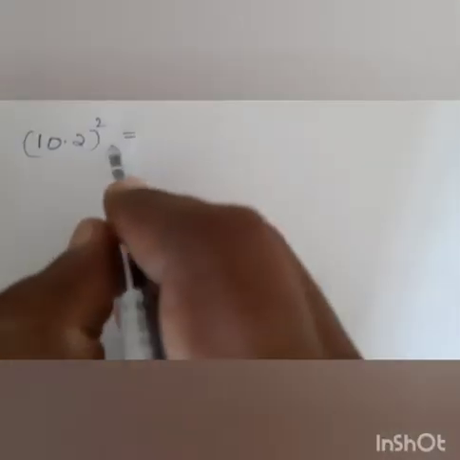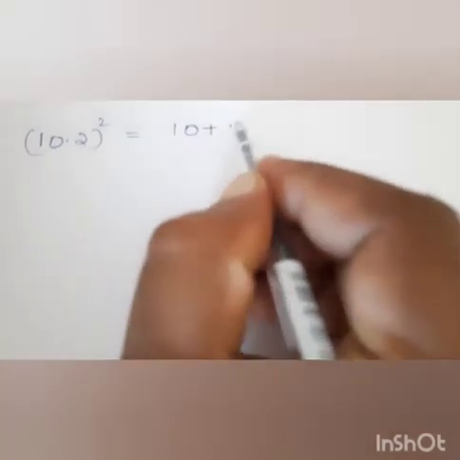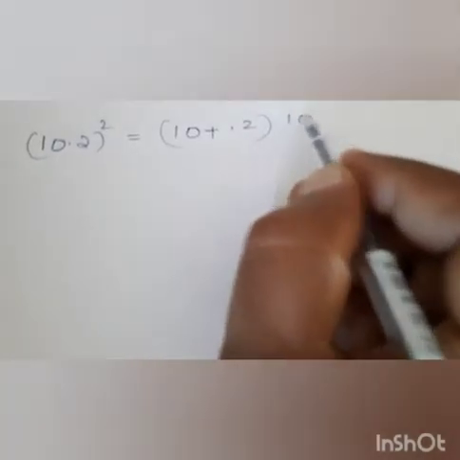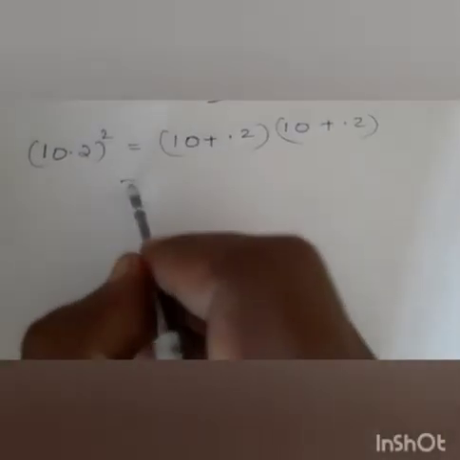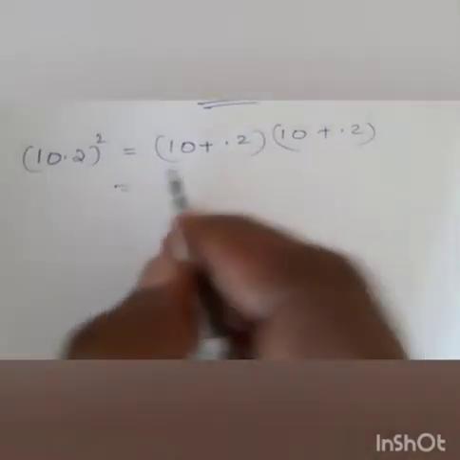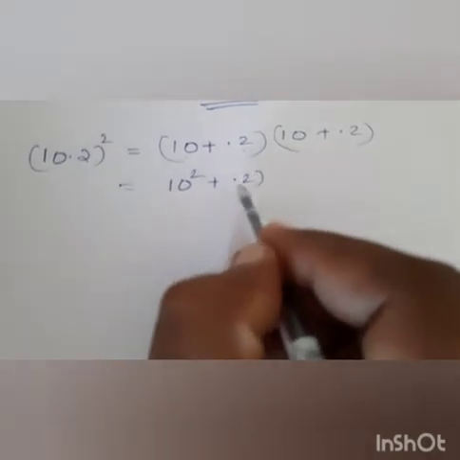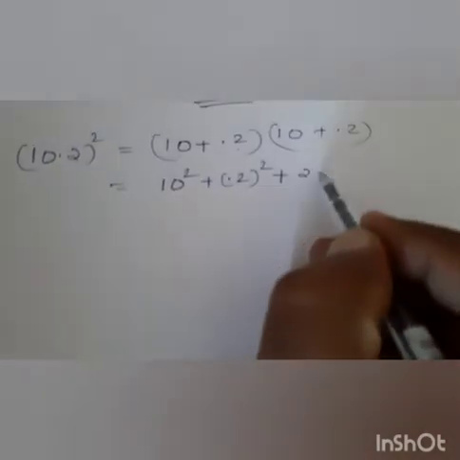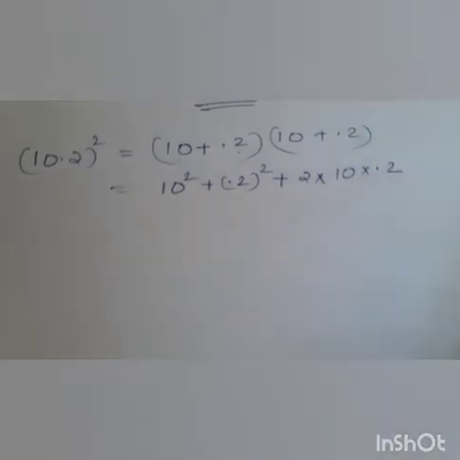Next, 10.2 whole square. This is 10 plus 0.2 into 10 plus 0.2. Then using the identity you can write x square, that is 10 square, plus y square, 0.2 square, plus 2 into 10 into 0.2.